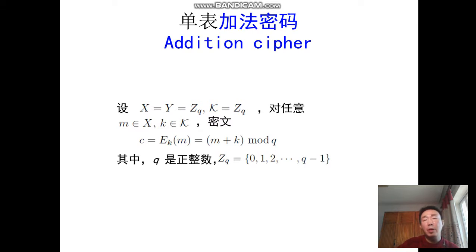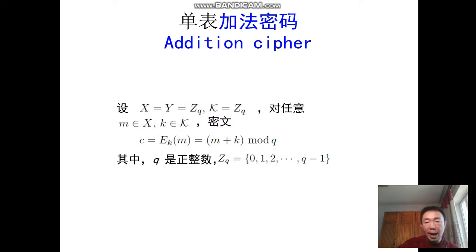So let's try again. If we add 10 and 20, okay, one student answered that the answer is 4. Yes, it's right.